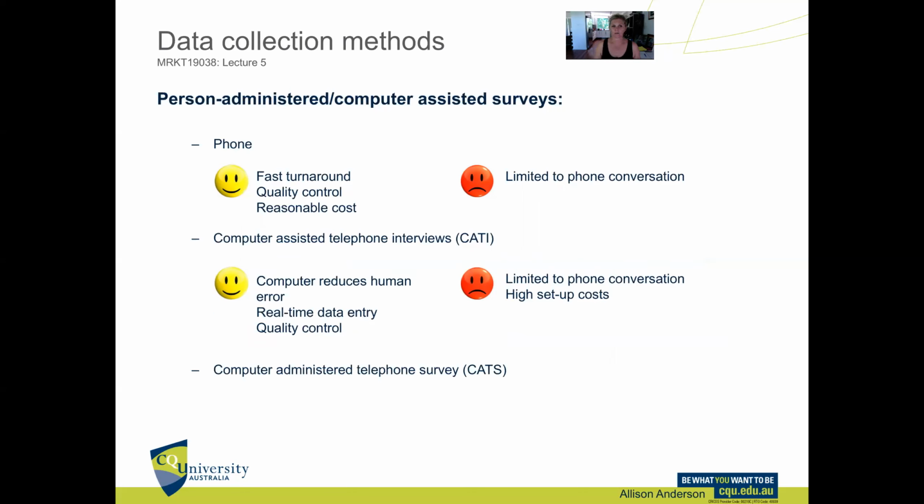Okay, still on person-administered and computer-assisted surveys. There's the phone survey. So you get a fast turnaround and quality control, and it's a reasonable cost. I think we all know that hanging up on people who call us for phone surveys is a fairly de rigueur thing in Australia. A lot of people just don't even have a home phone anymore to try and avoid that sort of calling.